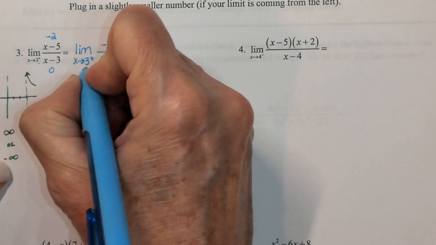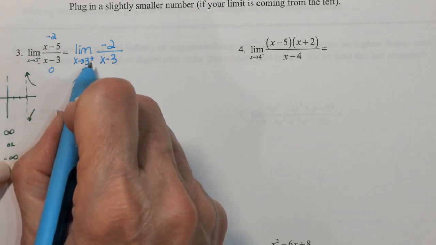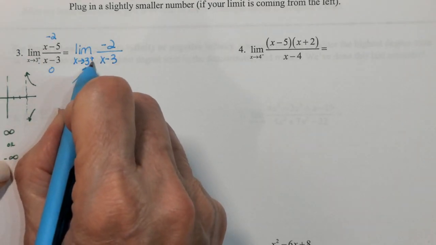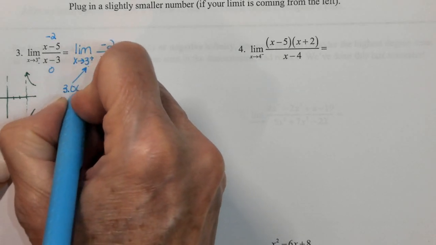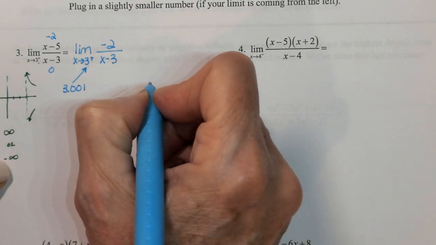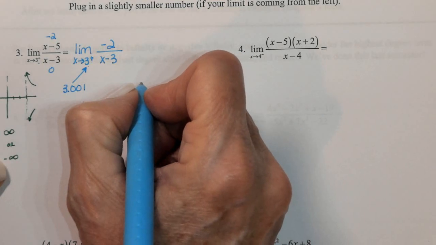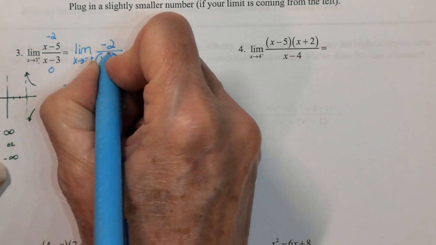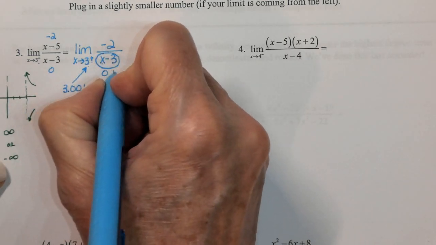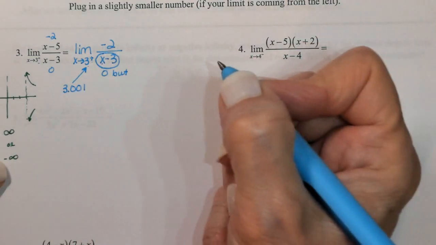Now, I want you to plug in a number that is slightly to the right of 3, like 3.001 or 3.0000001. If you plug that in for x down here, yes, it is going to 0, but it is on the right side of 0.